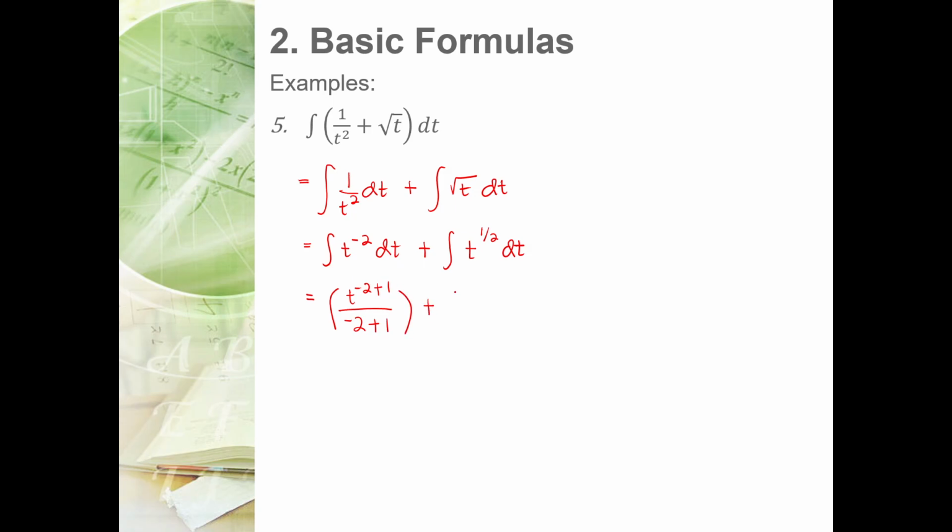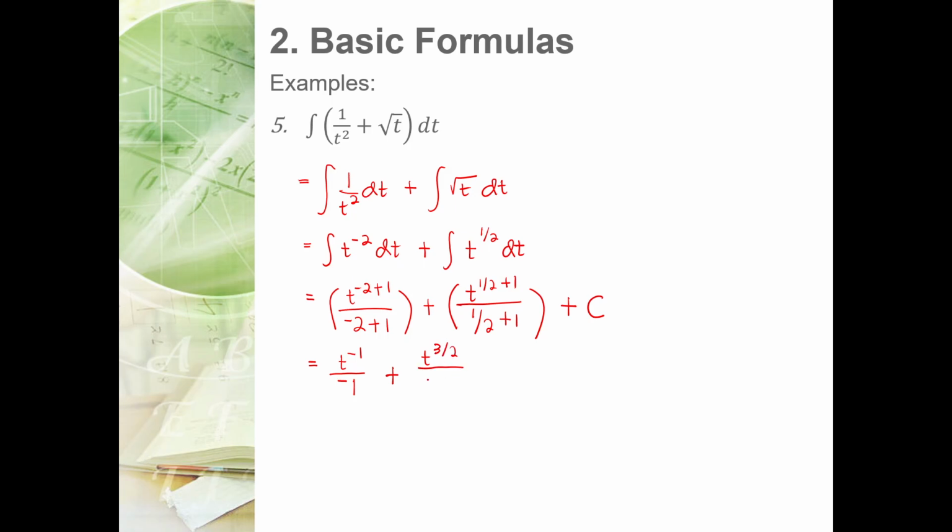Then this one is t to the power of 1/2 plus 1, and the denominator is 1/2 plus 1 also, plus c. So the resulting answer will be t to the power of negative 1 all over negative 1. Then this one is 1/2 plus 1, so again, that's 3 halves.